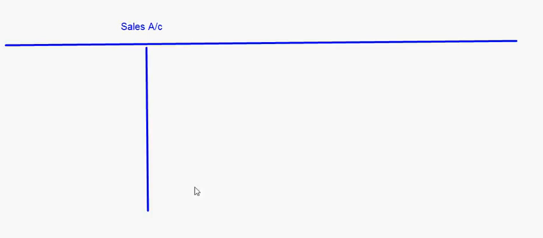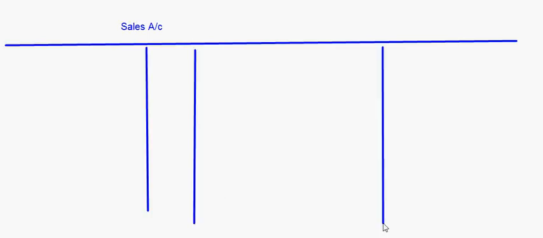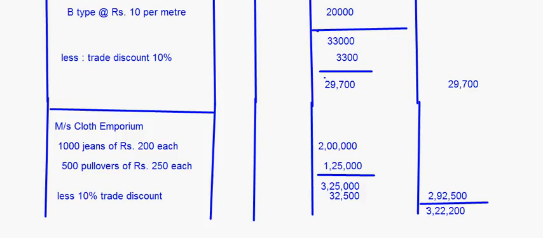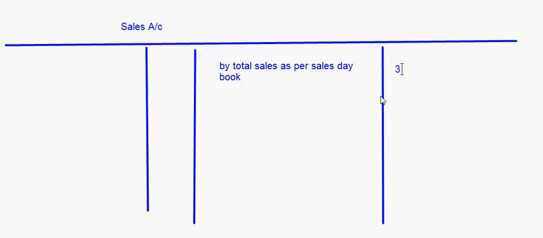So on the credit side, you'll have by total sales as per the sales day book or just the sales book. So whatever was the total there, I think it was 3,22,200. So I'll put that here, 3,22,200, right? This is what will go into the sales account.